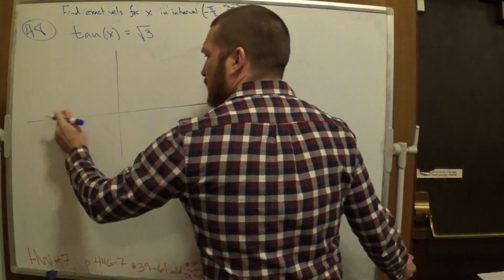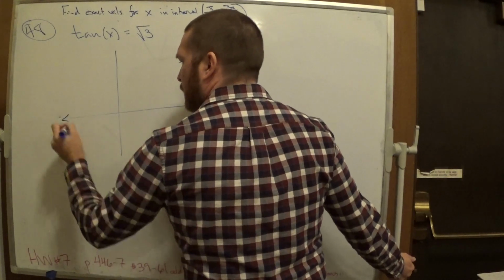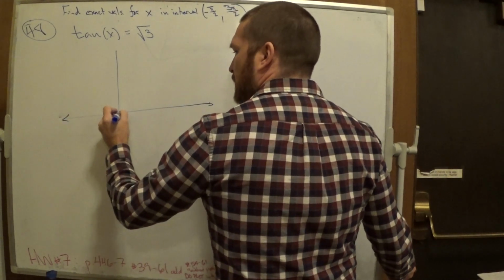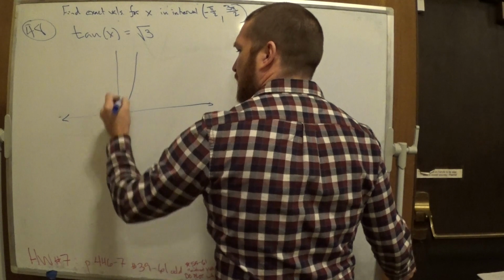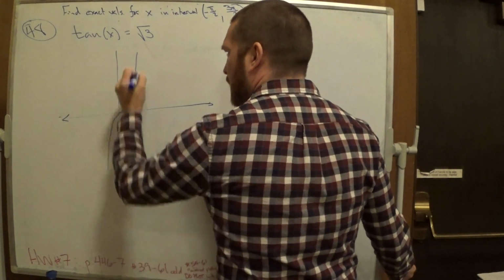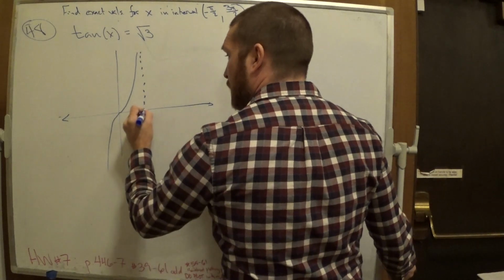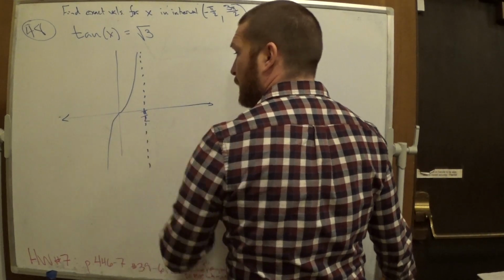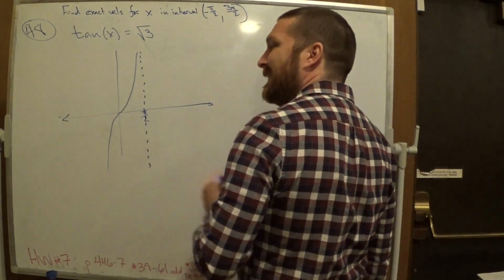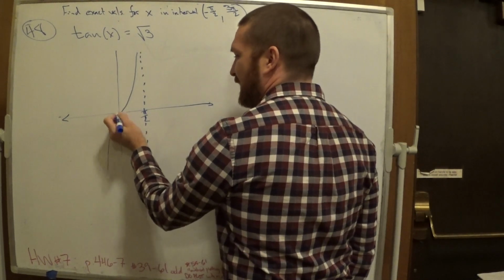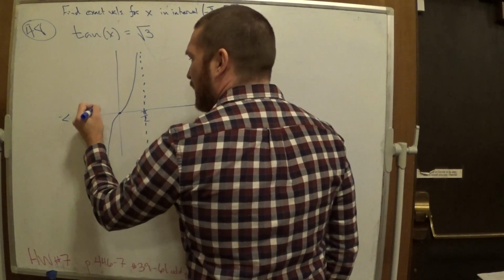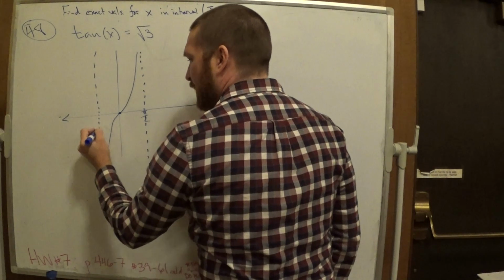So, okay, first things first. This is how I like to draw a tangent. I'm going to start here. I know it comes up and it comes down like that. Where is this first asymptote? Pi over 2. Yeah, get really good at that. And that, therefore, this guy is where?